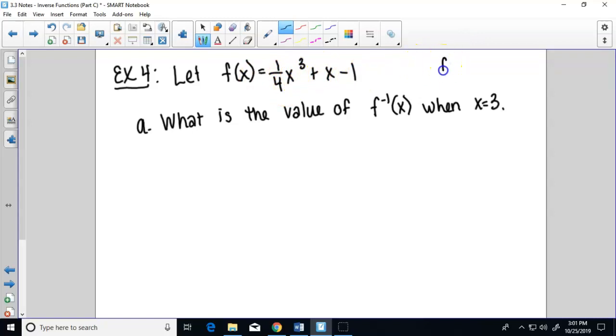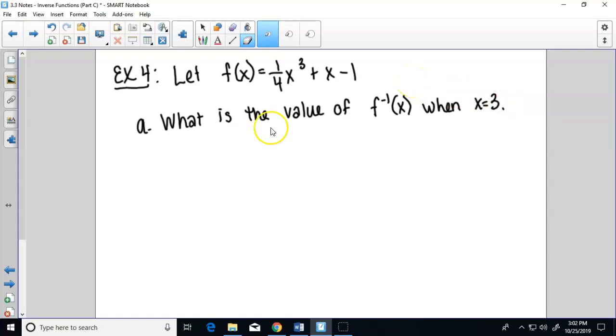What we're eventually going to find here is f inverse prime of 3. That's eventually what we're looking for. Okay, no, yes, it is going to be f inverse of 3.